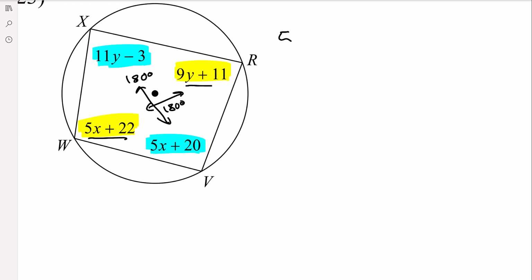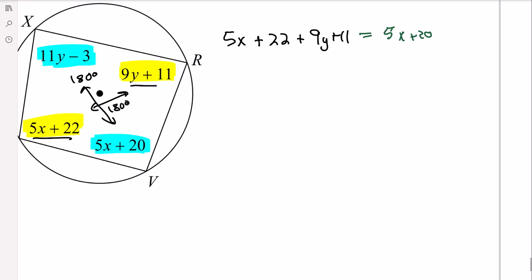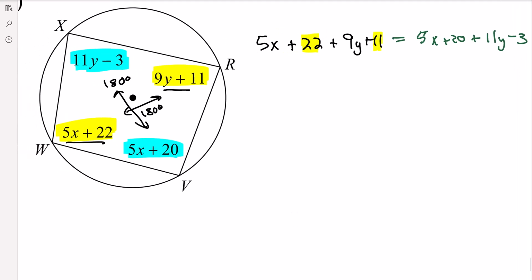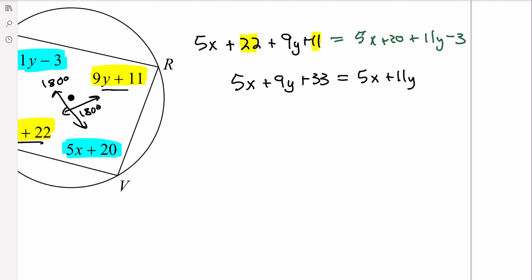I can say 5x plus 22 plus 9y plus 11 is equal to 5x plus 20 plus 11y subtract 3. We're going to add these two things together. So I'm going to add the 22 and the 11. So 5x plus 9y plus 33 is equal to 5x plus 11y. 20 subtract 3 is 17.